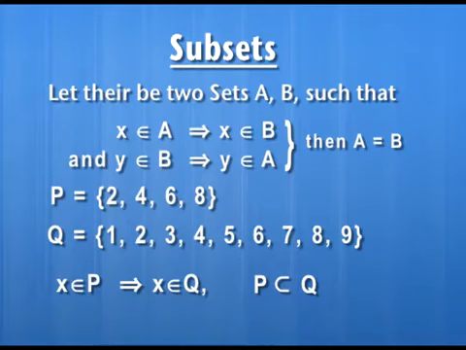Now, let us consider two sets P and Q. The set P contains 4 elements 2, 4, 6 and 8, and the set Q contains the numbers 1, 2, 3 up to 9.